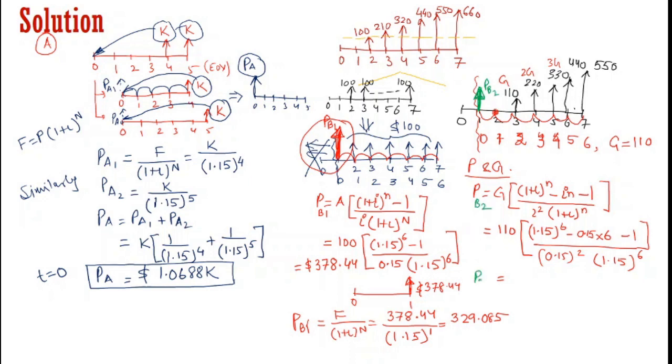So PB2 will be equal to, if I compute it, 873.04.